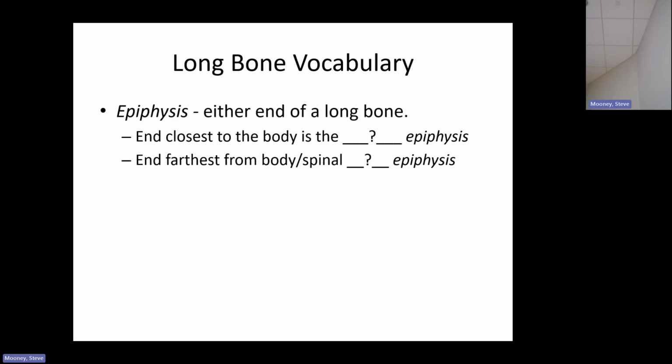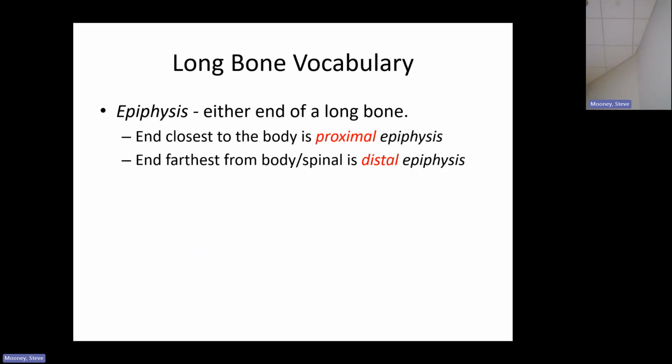So if we're looking at a long bone, we need to get some vocabulary down. We have an epiphysis at either end of the long bone. The one closest to the body would be called the what? Proximal epiphysis. The one furthest from the body is the distal epiphysis.